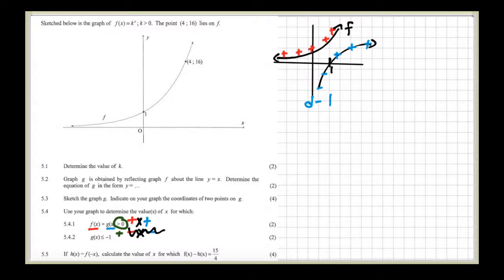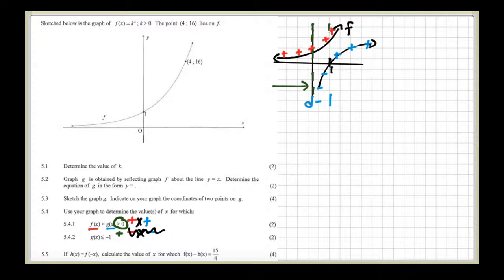Okay, what we can do now is we take our graph and we divide it into the different sections we have. First of all, we have this section on the left of my y-axis, where g(x) actually doesn't exist. So whatever I answer, I must remember that g(x) does not exist here at all.